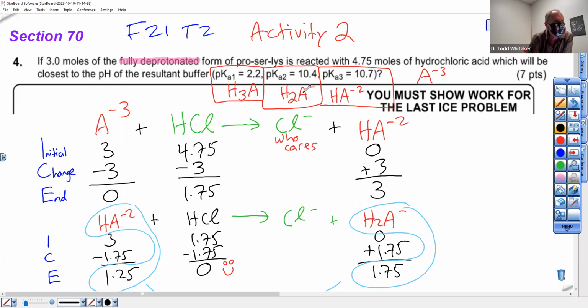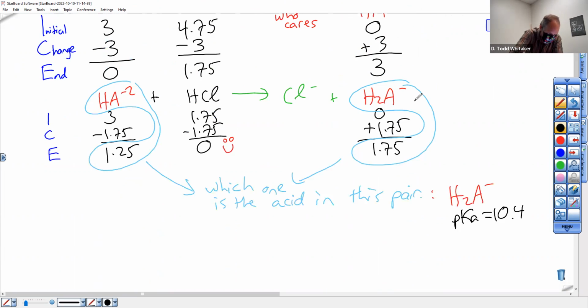What do buffers keep pH close to? The pKa of the acid in the buffer, right? And you just told me this is the acid in the buffer. We were told by the teacher the pKa of this is 10.4. You will not have to memorize pKa's for these problems. So your answer is close to 10.4, I promise.